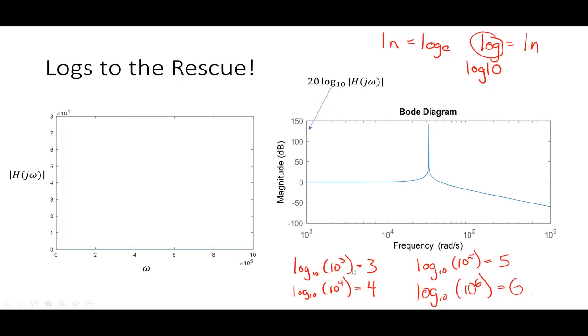If I look at this, what I see is that on the logarithmic scale, the log of 1,000 is 3, the log of 10,000 is 4, the log of 100,000 is 5, and the log of 1,000,000 is 6. So on the logarithmic scale, the space as I go through what we call a decade, this space right here is called a decade, and this space right here is also called a decade, and this is called a decade.